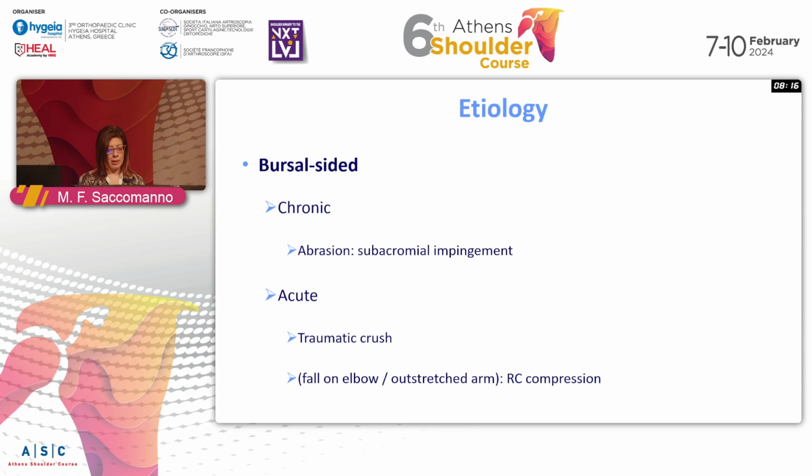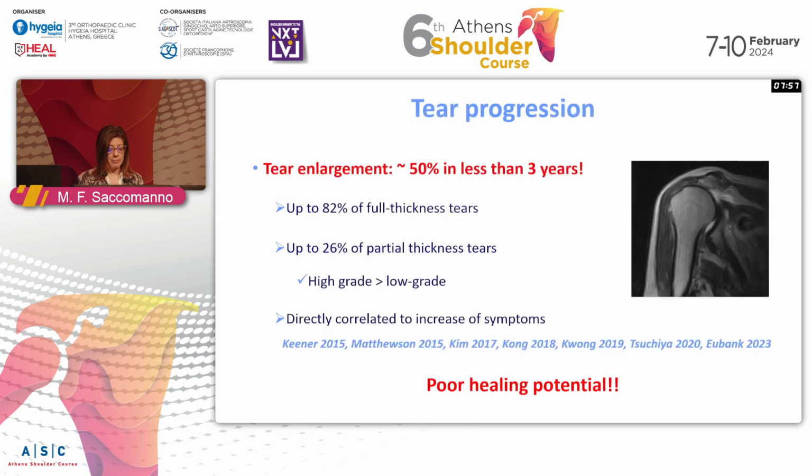When we think about bursal-sided tears, in most cases they are chronic, degenerative tears, the first stage of a future full thickness tear. It can be the result of very slow subacromial impingement. In younger patients, they can be acute, with a traumatic mechanism.